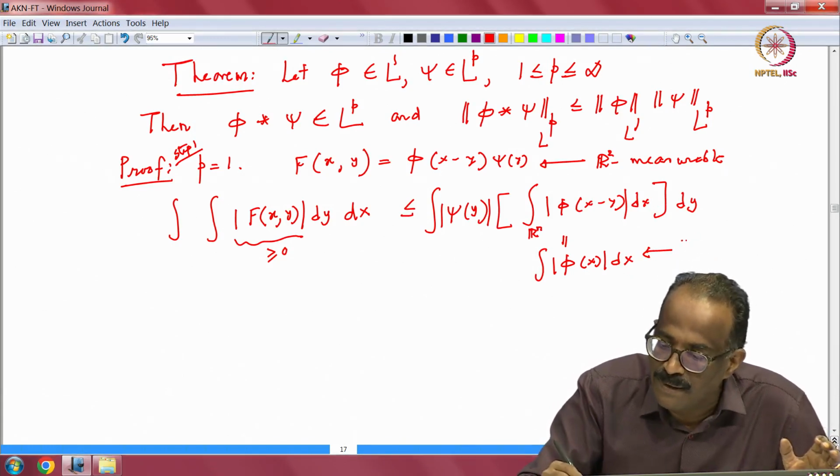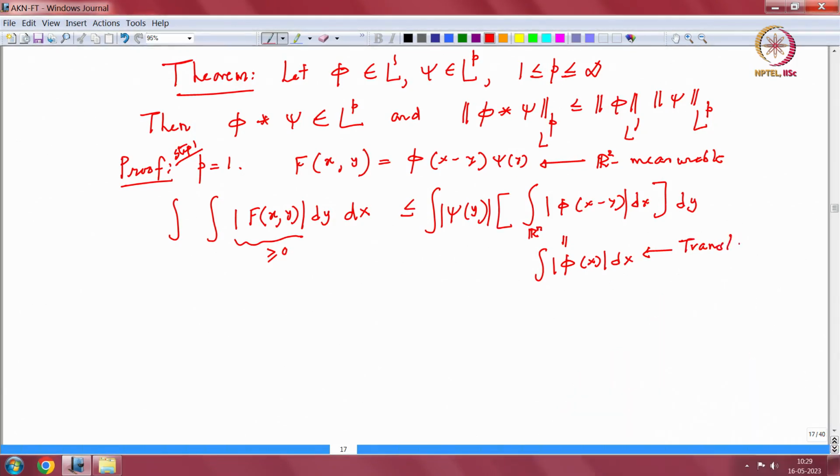This is the translation invariance of the Lebesgue measure, or the change of variable formula.